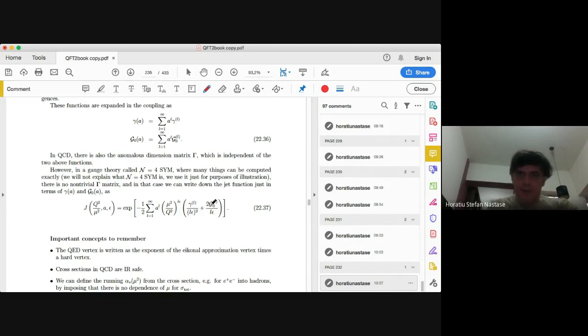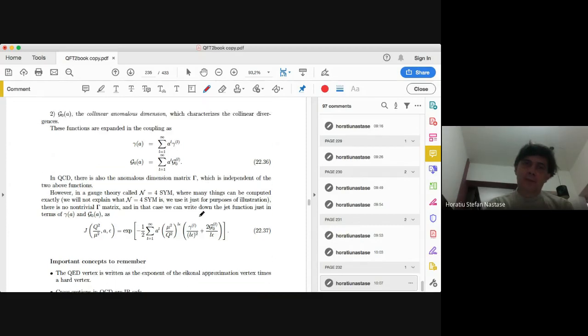And also, each one comes with 1 over epsilon. So the leading divergence here in the exponent is 1 over epsilon squared. So at L loops, I will have 1 over epsilon to the power 2L.